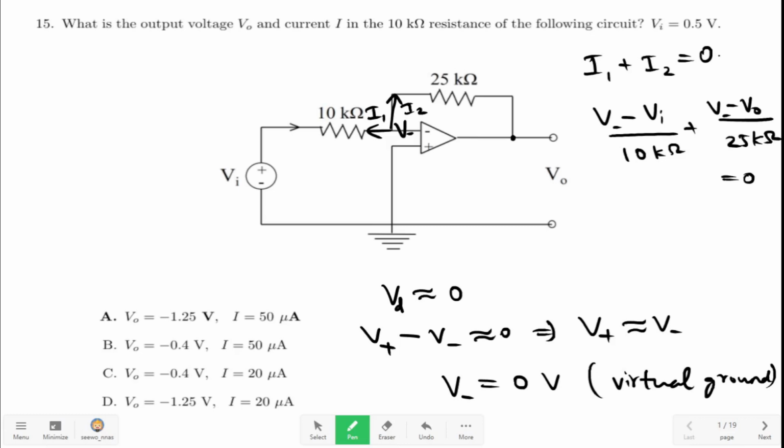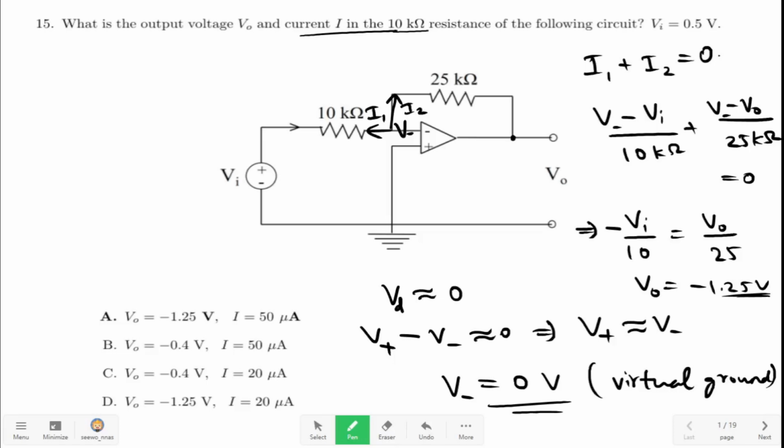Now V minus is equal to 0 according to the virtual ground condition. From here we have minus Vi divided by 10 is equal to V output divided by 25. From here also we will get V output is equal to minus 1.25 volt.